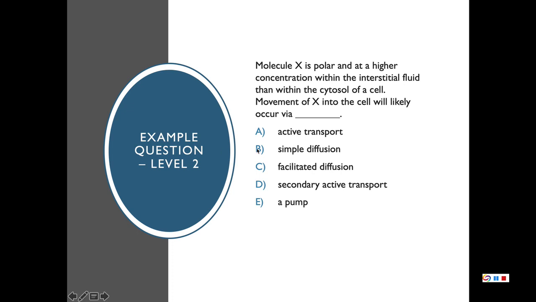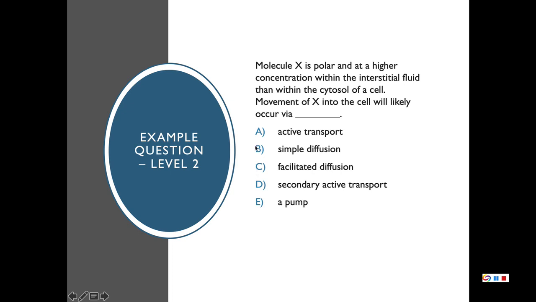And so instantly we can remove active transport, secondary active transport, and then students may not know yet that a pump is actually an active transport mechanism. It uses energy. So active transport, secondary active transport, and pump, all of those answer choices can be eliminated. So we're down to two, simple diffusion and facilitated diffusion.